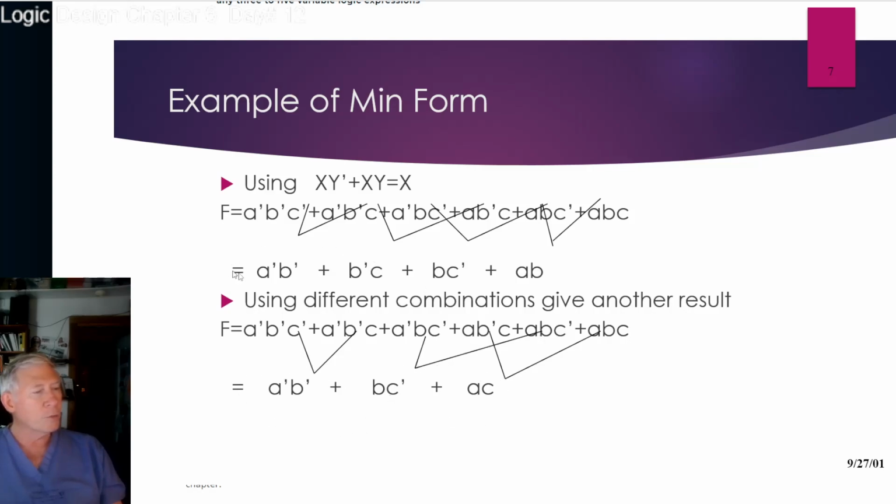When I did it this way, I didn't necessarily know that this was going to work out to be 4 terms, but I could have gotten 3 terms if I'd done it a different way. So when you do switching algebra, you're always a little unsure if you've got the minimum solution. There's no direct way to guarantee that in every case. But with a K-map, you can look at it and see, yep, I see the simplest solution. Your eyes actually help you to do that.